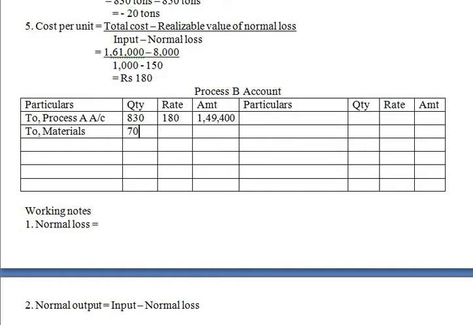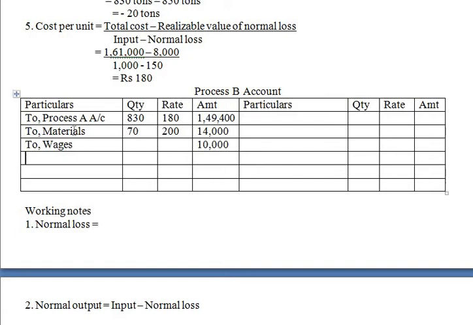Okay, and rate is 200, which is already given. So the amount is 14,000. Next, they have given wages. Go through the chart and just check which expenses they have given. Wages, and the amount is 10,000.